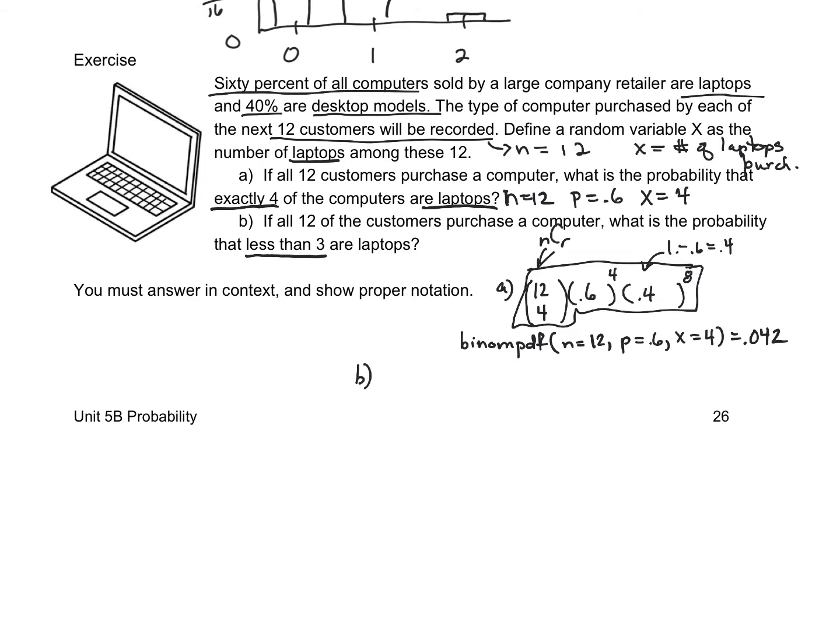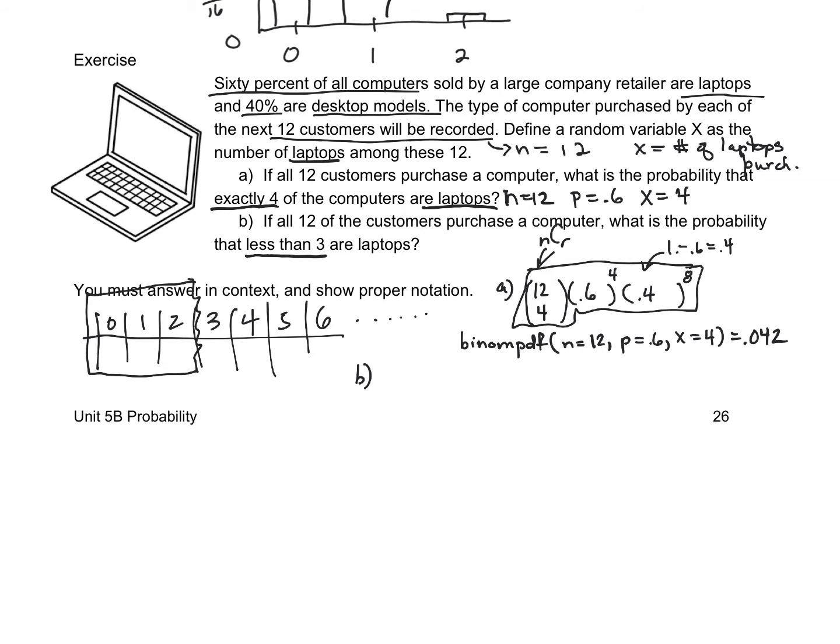Remember, the long way is just individual PDFs. What are the possibilities out of 12? You could have 0, 1, 2, 3, 4, 5, 6, and so on. Less than 3 would be just 2, 1 and 0.